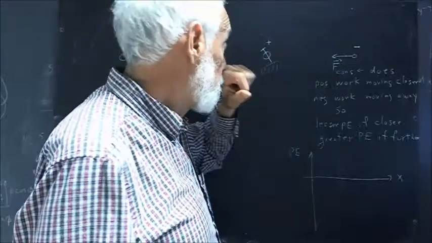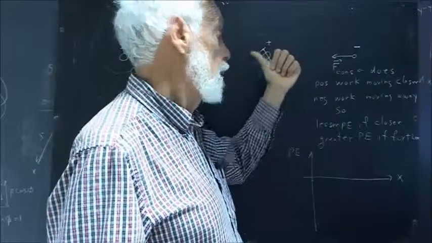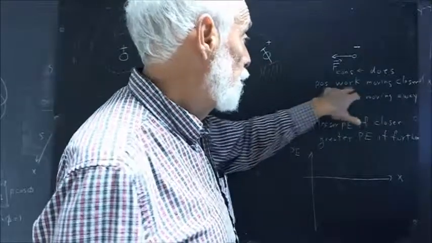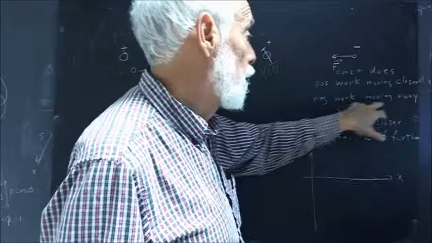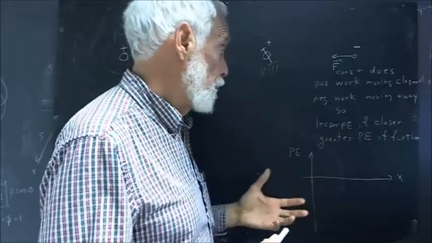In that case, the conservative force is in the same direction as the motion. So the conservative force does positive work when the charge is moving closer, negative work when the charge is moving away. Now, remember the definition of change of potential energy.